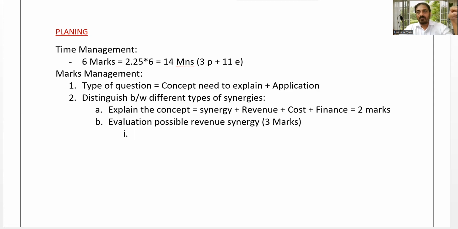If Have company acquires the Strand company, of course there is the ability to get cost synergy. It's mentioned in the question. There is also the ability to get finance synergy because of the finance constraints of Strand, the target company. But the biggest synergy is expected from revenue.